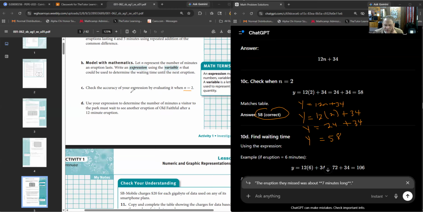So y equals 58, and that's for C. Does that make sense? Okay.